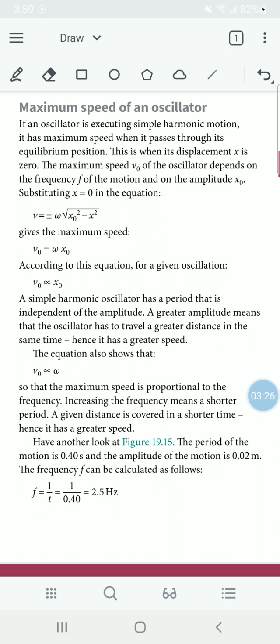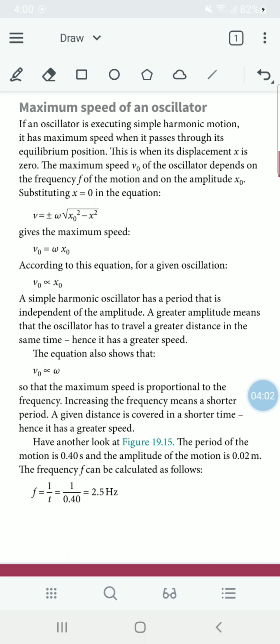Substituting x equals 0, which means the displacement is 0, into the equation V equals plus or minus omega square root of xo squared minus x squared, x squared is 0, so the square root and the square cancel out. You will get Vo equals omega xo.